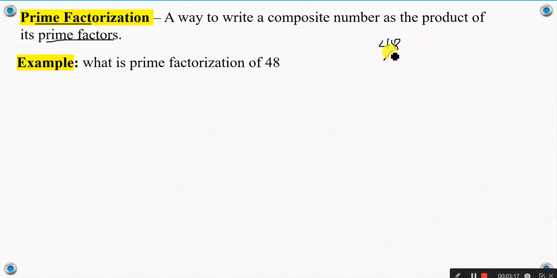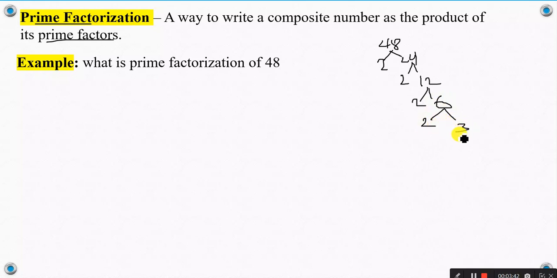Let us divide it by 2. 48 divided by 2 is 24. 24 divided by 2 is 12. 12 divided by 2 is 6. 6 divided by 2 is 3.